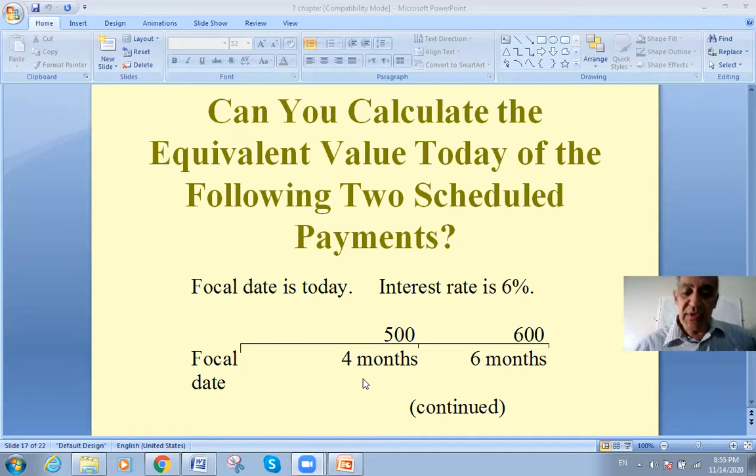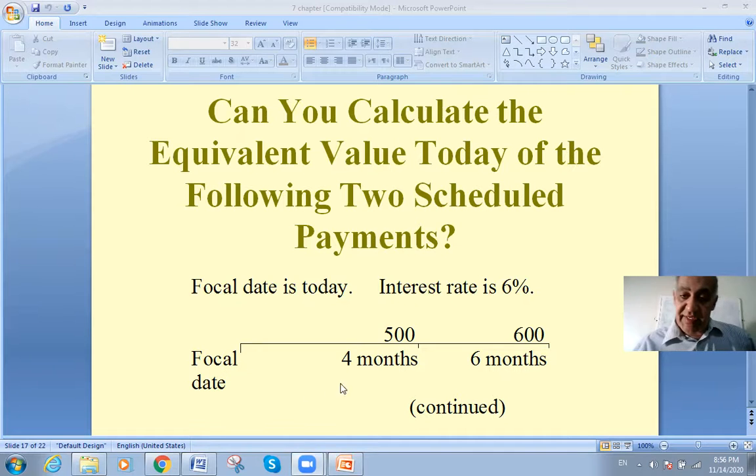You borrowed two amounts of money. One of them is $500 after 4 months, and the other is $600 after 6 months. You just want to know what is the value of this amount right away.